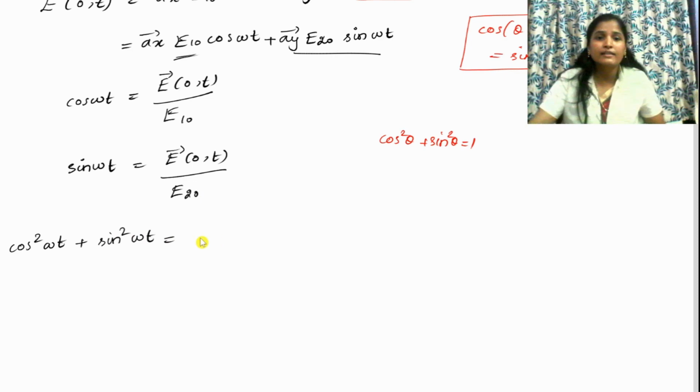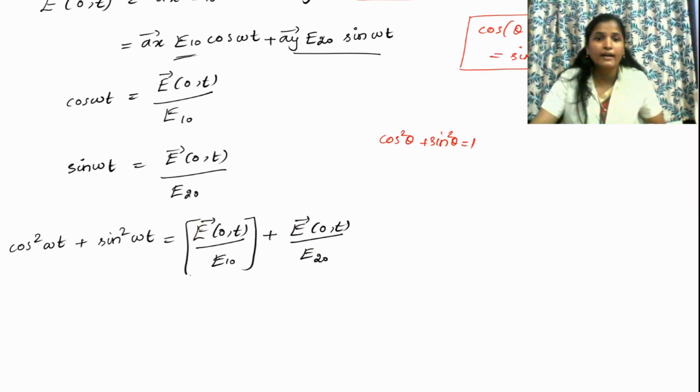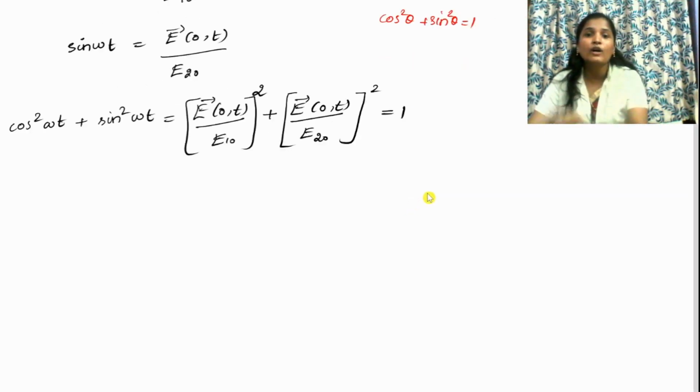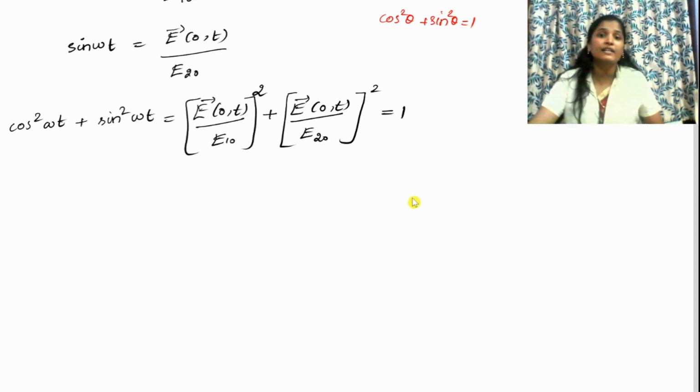So that is equal to the square of E(0, t) divided by E1 naught plus the square of E(0, t) divided by E2 naught, equal to 1. This is the expression where we can decide whether the wave is circularly polarized or elliptically polarized.